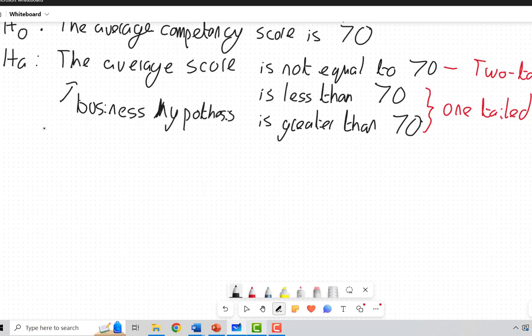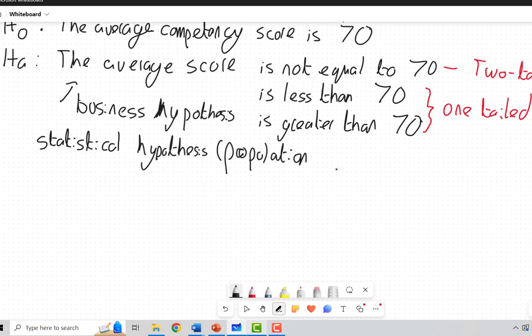And then we have a statistical hypothesis, where we're making inference on a population parameter.